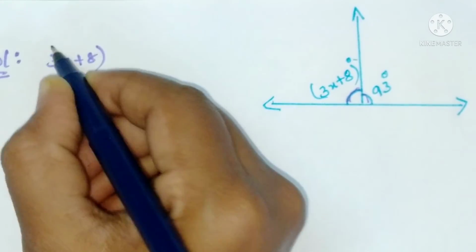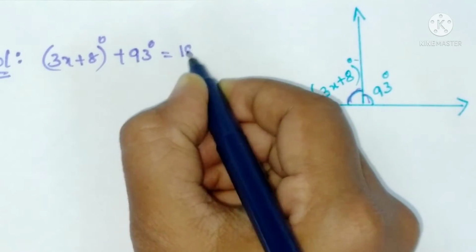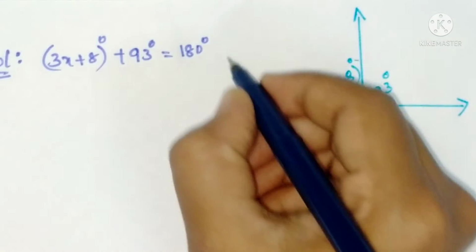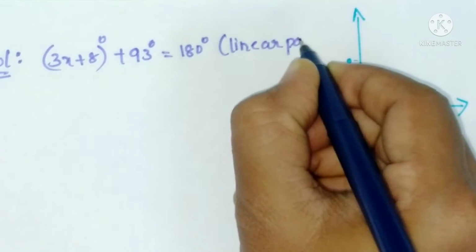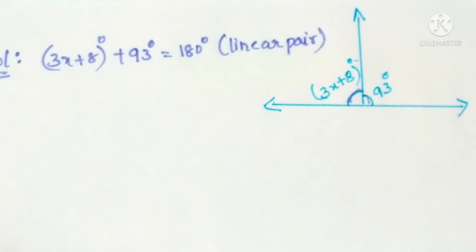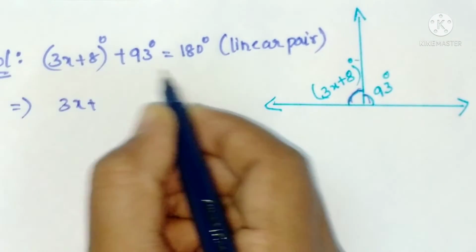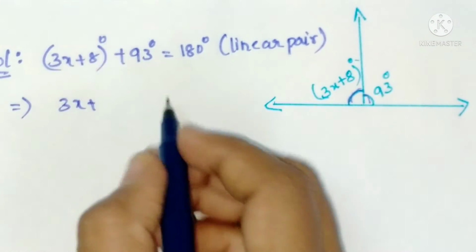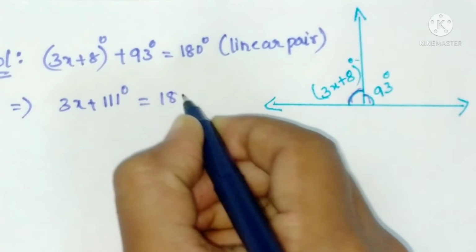So we can write 3x plus 8 degrees plus 93 degrees equals 180. Why is it 180? Because they are a linear pair. Adding 93 and 8, we get 111 degrees.